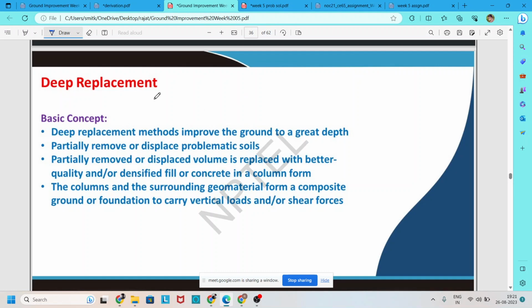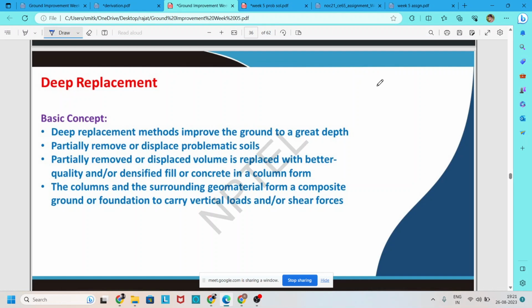So it is quite similar to the vibro-compaction method. In vibro-compaction, we do not replace or displace the soil. We vibrate the soil and compact the surrounding soil, and if any void is created, this void space is filled by the same in situ material and compacted again.